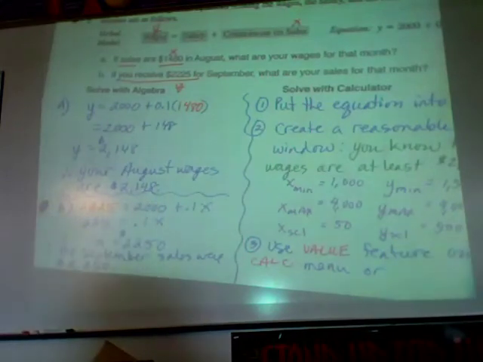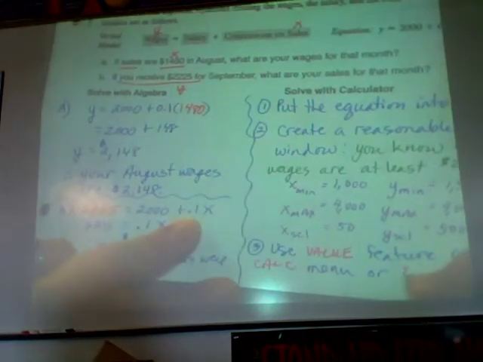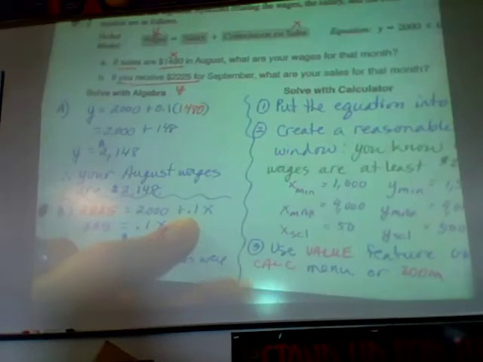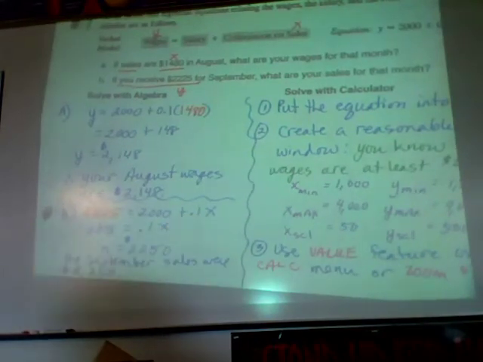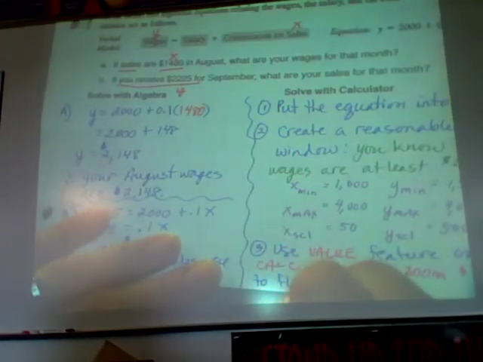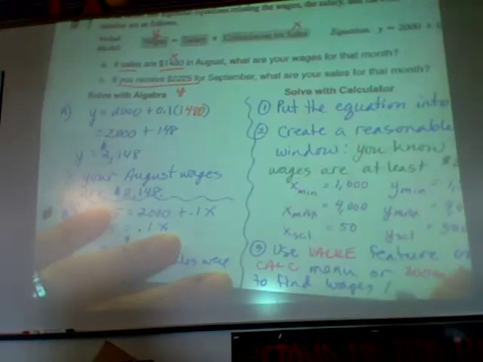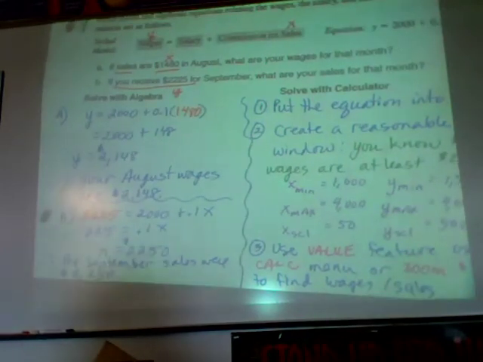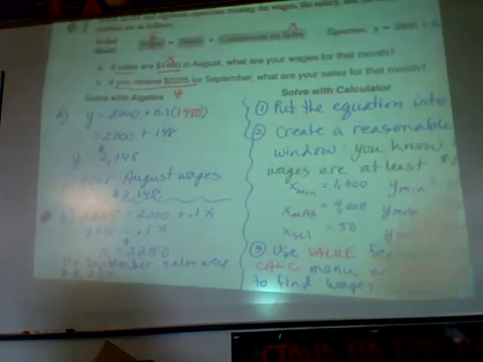Or, depending upon the problem, I would use value first, or you could do zoom and trace. You could zoom in and then hit trace to find your wages and sales. Now this will give you an estimate, possibly not an exact one. The value will give you an exact one.